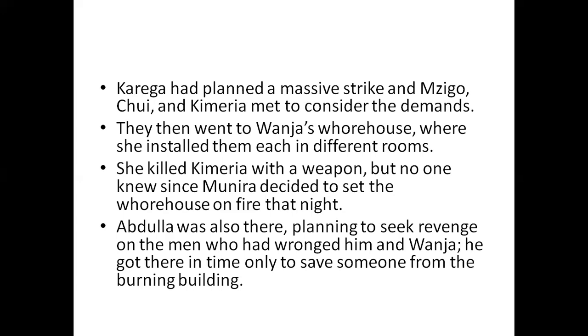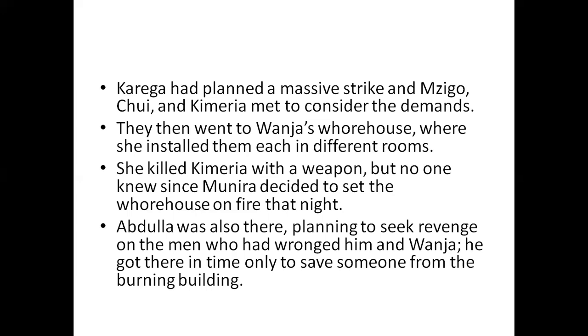Wanja put these three businessmen, that is Mjigo, Chui, and Kimeria, in different rooms. They would talk in different ways. And actually, in the whole house, many businessmen and the local elites had been visiting Wanja's house.